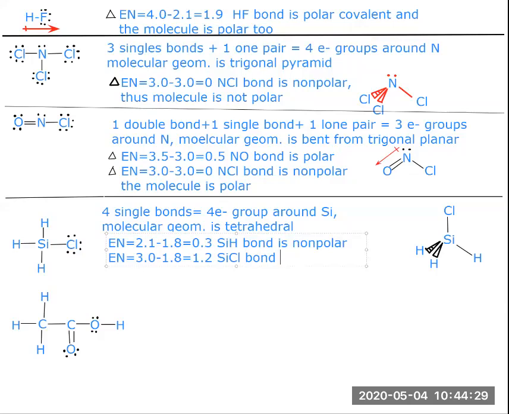So this bond is polar covalent, right? I can write that covalent, there's room. Okay, so we have three of the bonds here, the SiH, that are not polar, and only one bond that is polar, the SiCl.